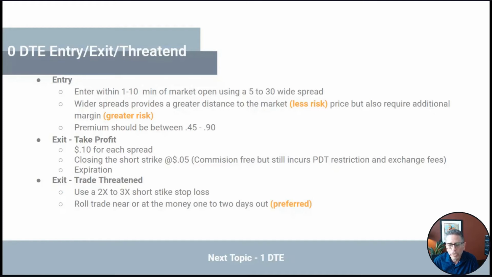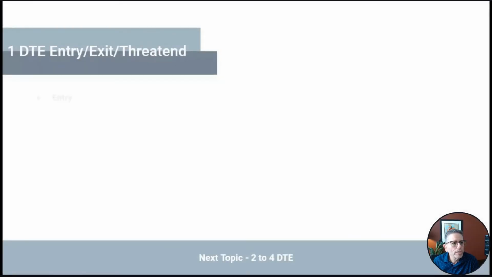And that's something that I'm learning now. I have allowed it to breach, right? And at that point, you're going to have to widen the position in order to get a credit on it when you're rolling it. Okay, all right. So let's keep going here.